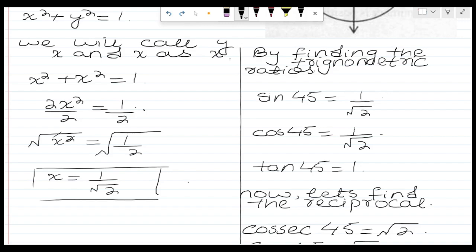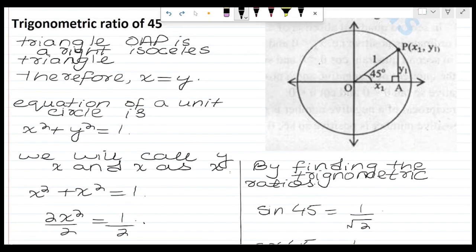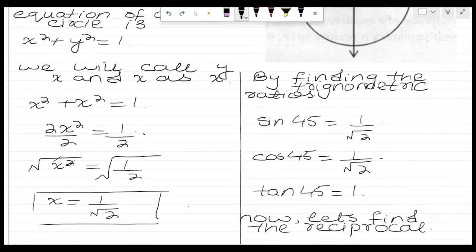So we found the value of x, which is 1 by under root 2. But if we just found the value of x, that means that the value of y will also be the same as x, because we know that triangle OAP is a right isosceles triangle. So now we need to find the trigonometric ratios.